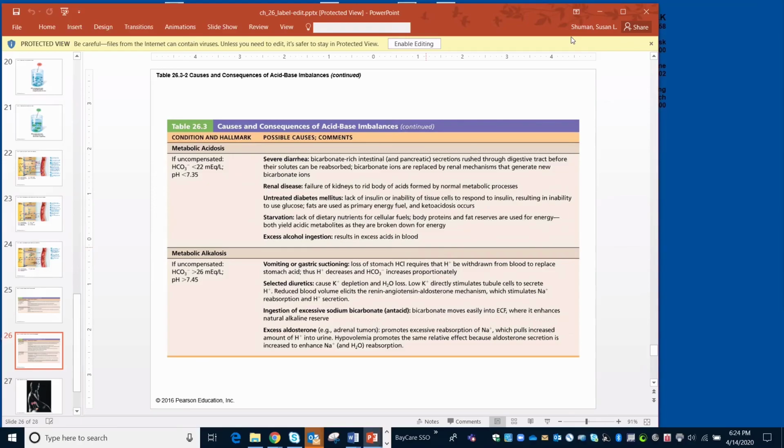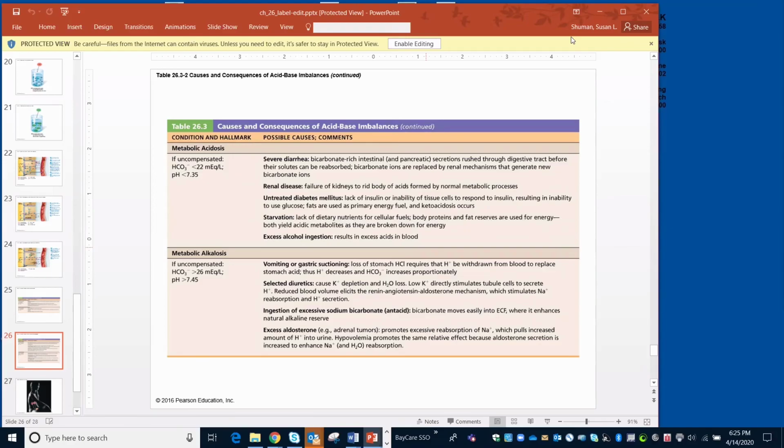Is it the carbon dioxide or is it the bicarb? It's the bicarb. Sure, the bicarb made the pH drop. So that then puts this squarely on the metabolic part, doesn't it? Yes. Okay, so I have a metabolic acidosis and my little carbon dioxide is trying desperately to fix it.